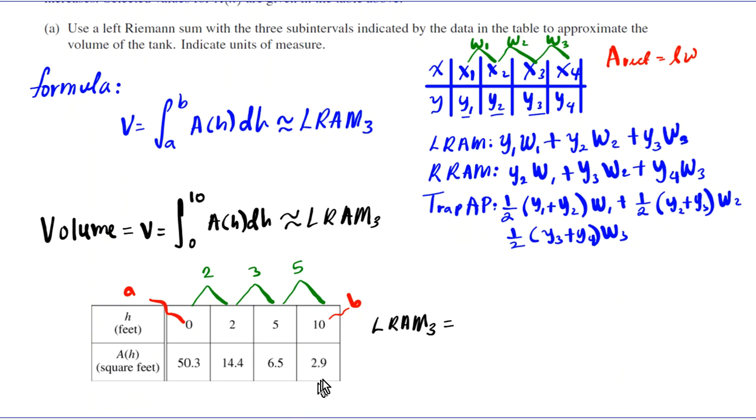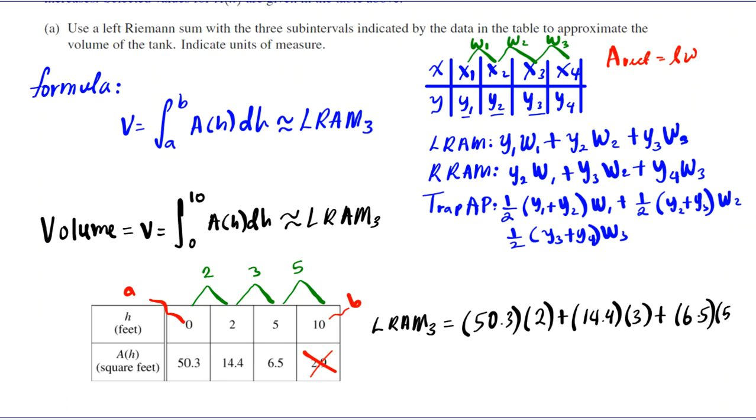Okay? Alright, so LRAM, we are doing the left rectangular approximation. What does that mean? We're going to take all the points to the left of the right endpoint, so we're going to cross 2.9 out of the picture. For the rest, first rectangle, the length 50.3 times the width, which is 2, plus the second rectangle, the length 14.4 times the width, which is 3, plus the third and final rectangle, the length 6.5 times the width, which is 5.